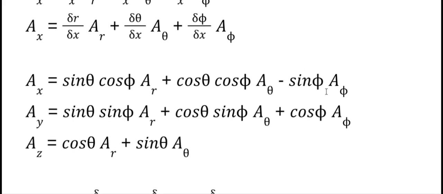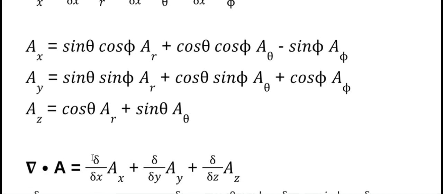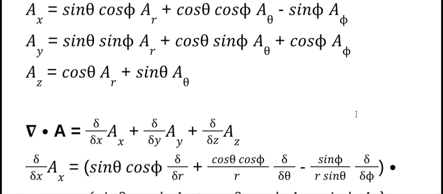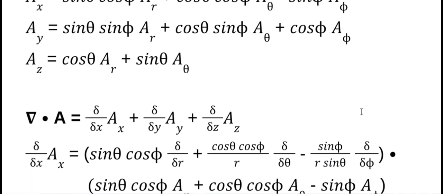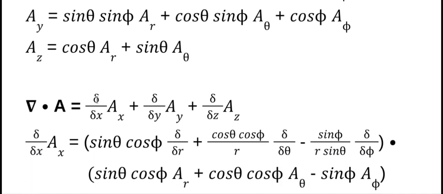Now what do we do? Well, now we have this piece and this piece. We have all 6 pieces. We have to put them together like this. Here's an example. So this one term here would be the partial with respect to x in terms of r, theta, phi. And here's the Ax component in terms of r, theta, phi. We multiply all that out.